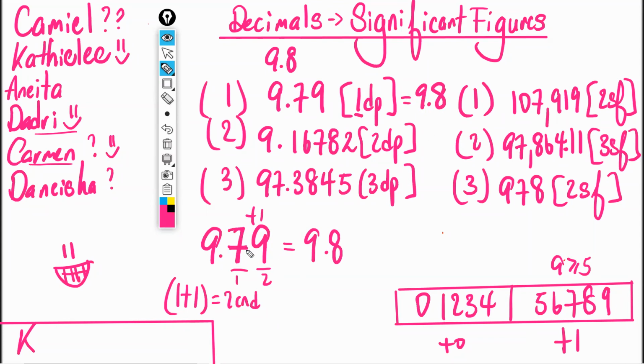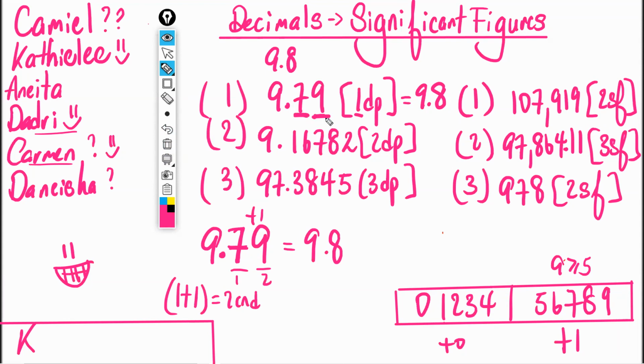You understand? You understanding now, Camille? So you're understanding that decimal places are just the numbers after the point. When it says DP, it's different from significant figures, which is SF. The difference is that decimal places are after the point.